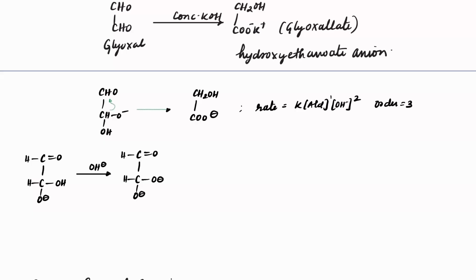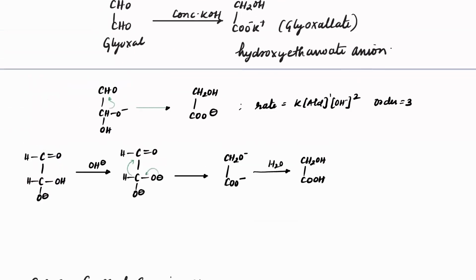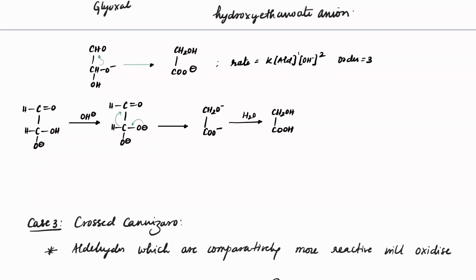So we'll get this O minus, and that's when this pushes internally, this H minus will go, thus making the upper carbon as CH2O minus and the lower carbon as COO minus. Okay, and that on hydrolysis will convert into CH2OH and COOH. So that's how you can have 2 moles of OH minus observed here. Done. So this is about intramolecular Cannizzaro reaction.